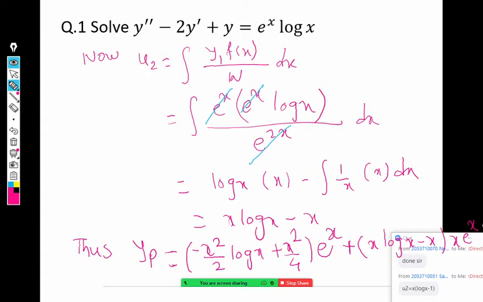So that's the method. This one is variation of parameter. We are actually converting the constants c1 and c2 of the yc into functions u1 and u2, and we are varying them. That's a method known as variation of parameter.